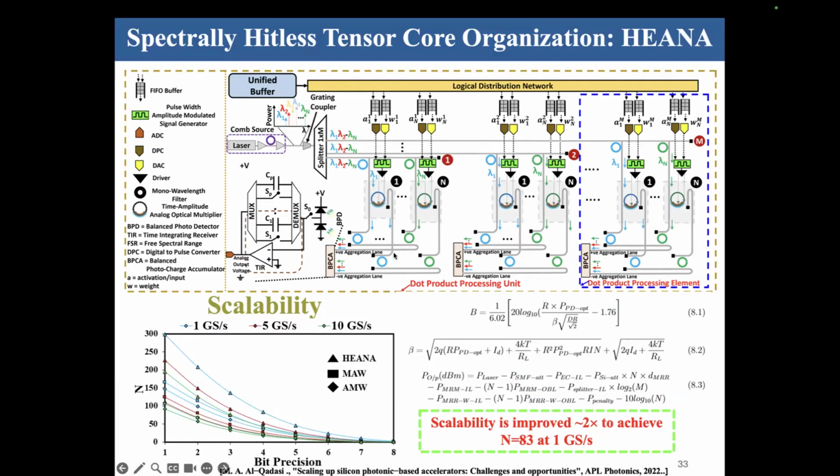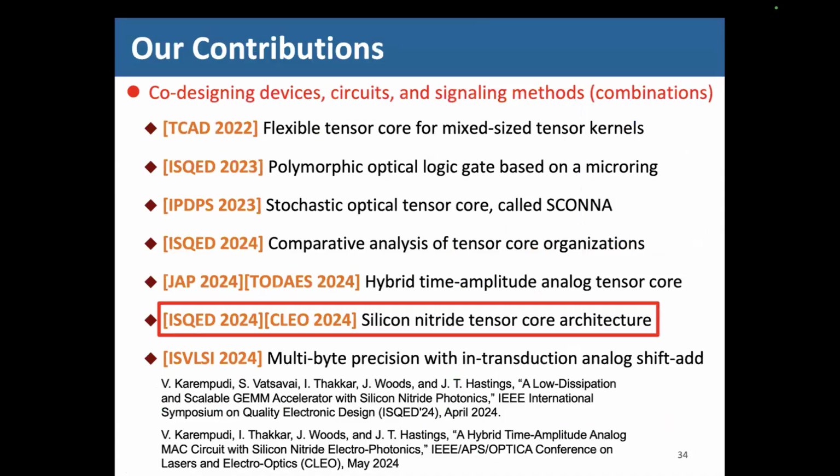So you can have a spectrally hitless design. And it turns out we did this scalability analysis, and it could be about 2x the purely analog design that we looked at, right? We can achieve 83 as the number of wavelengths and crossing, right? So the size. And we had only 44 in purely amplitude analog design. So this is what we have done.